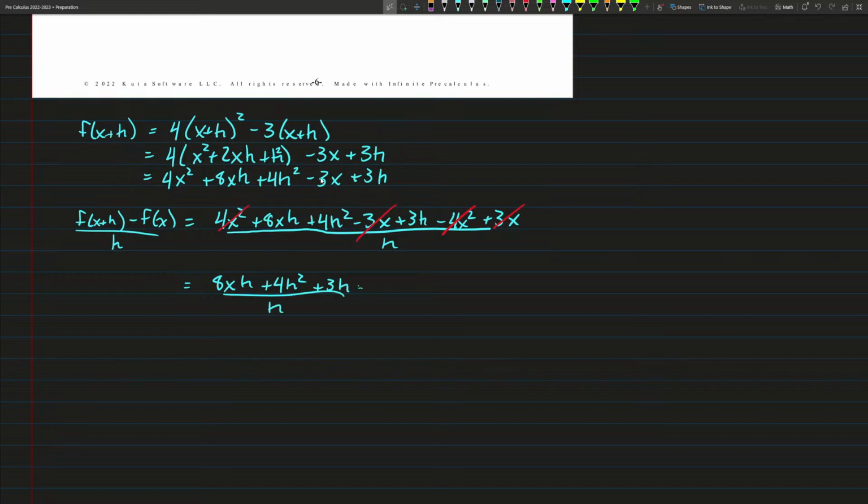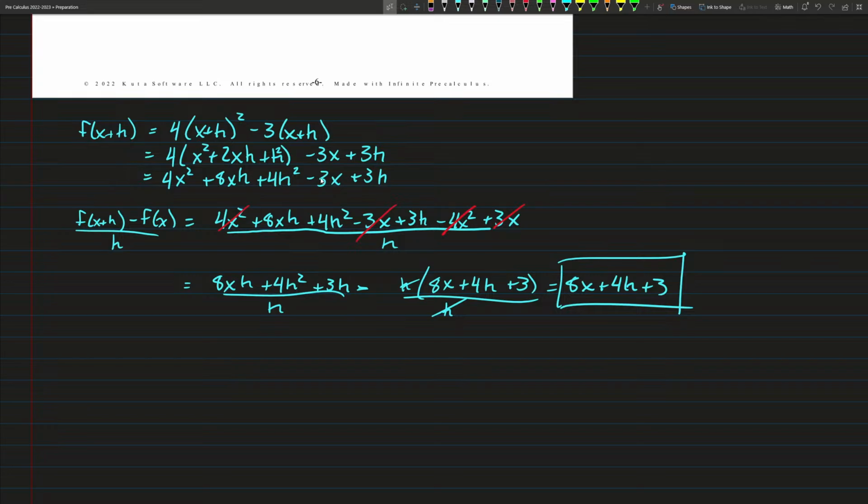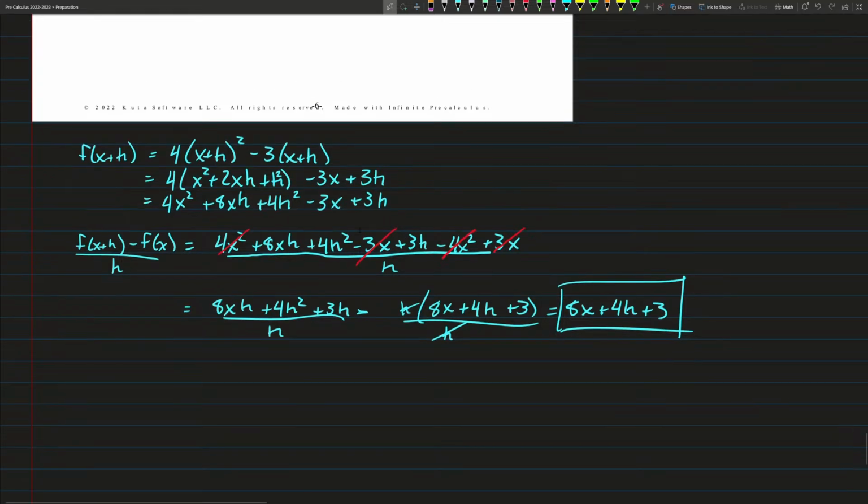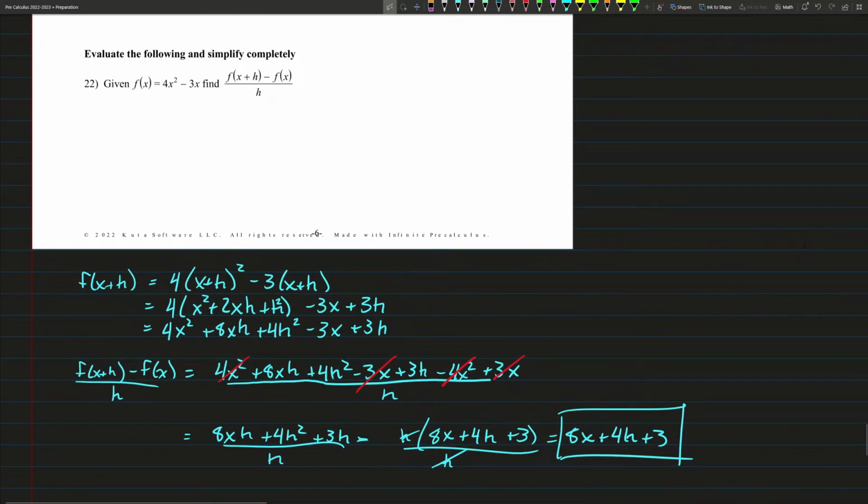A lot of things have an h in common, so if we factor that out at the top, you're left with 8x plus 4h plus 3. H's cancel, so our answer is 8x plus 4h plus 3. Okay, that was really fast. I'm going to pause and make sure we all got that.